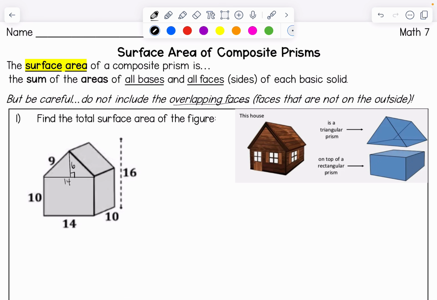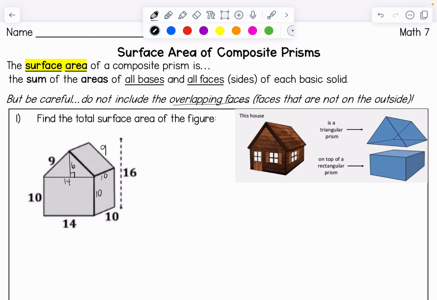Because the entire thing is 16, but the rectangular prism goes up to 10, that tells me that the triangle has a height of 6. I'm also going to write in a couple of other numbers. So I know that this is 9, I know that this is 10. I'm just transferring some numbers to different side lengths so that it's easier for me to do the math in a minute.